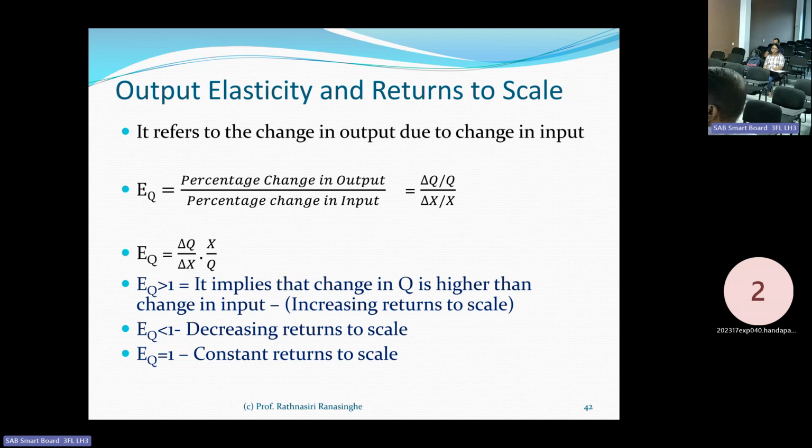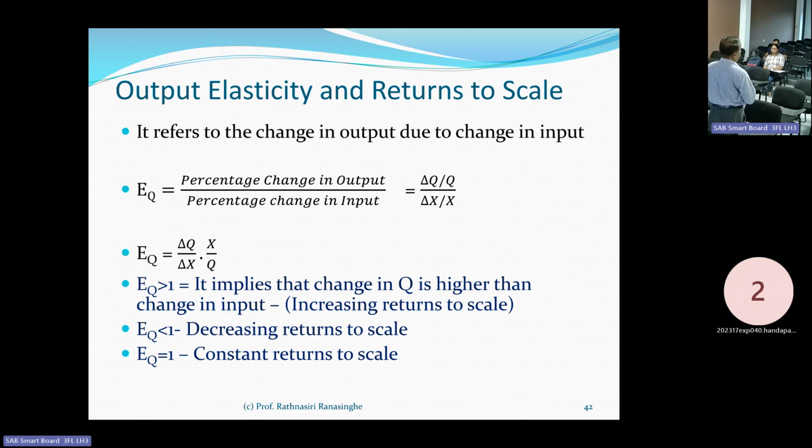If, with respect to change in the inputs, the output changes more significantly, if the output change is higher than the input change, then we know that there is increasing returns to scale. That means the output elasticity, EQ, is greater than 1.